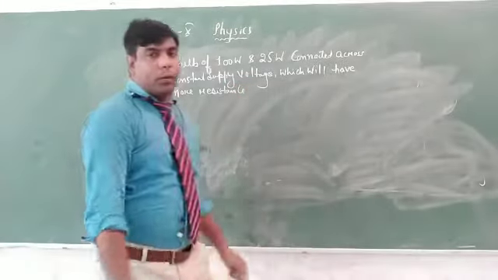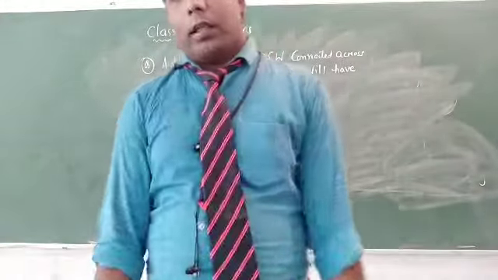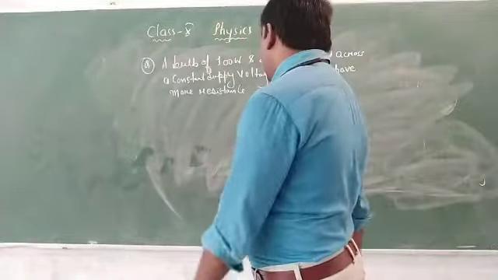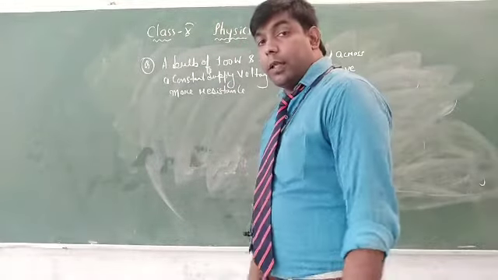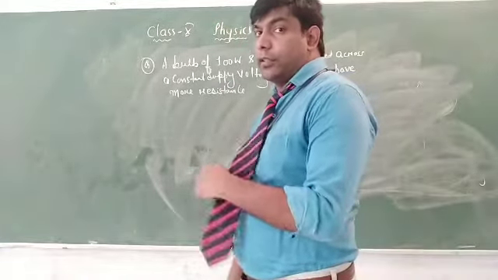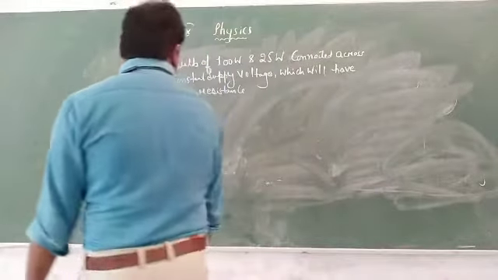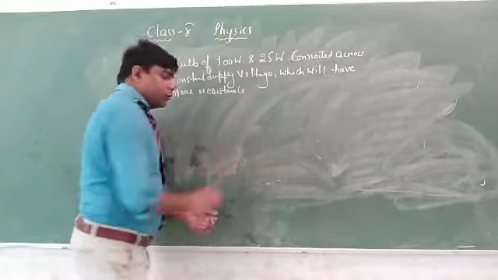Means there will be two bulbs, one of 100 watt, the other of 25 watt. And they have also given the condition that they are connected across the same supply voltage. They are asking which will have more resistance.